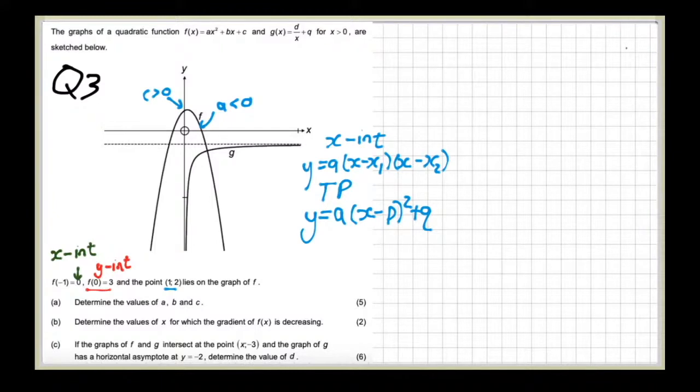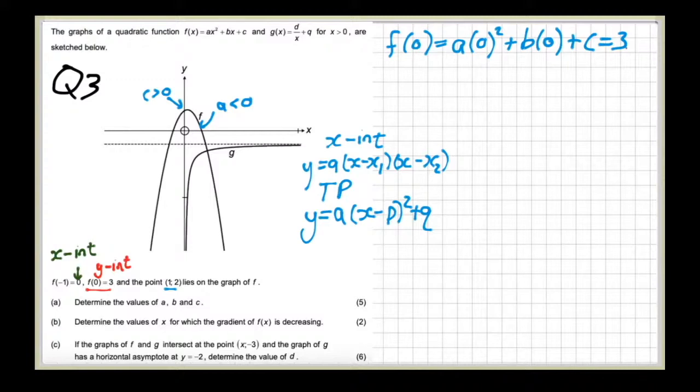When I look at substituting coordinates in, I actually always start with my y-intercept because then usually a lot of things disappear. So in other words, I'm going to start with f of naught. So a times naught squared plus b times naught plus c, and this must be 3 because they did tell me it's the coordinate 0, 3.